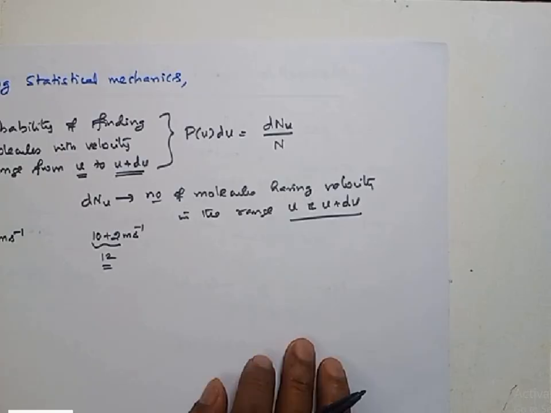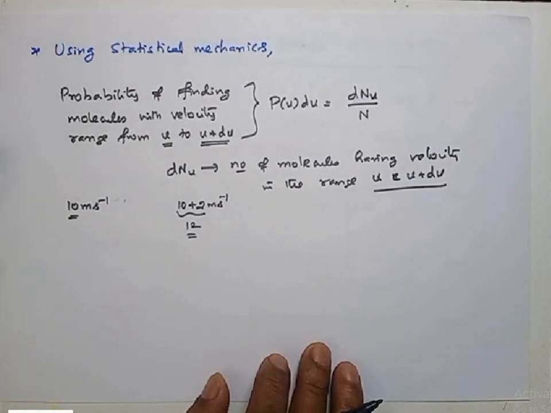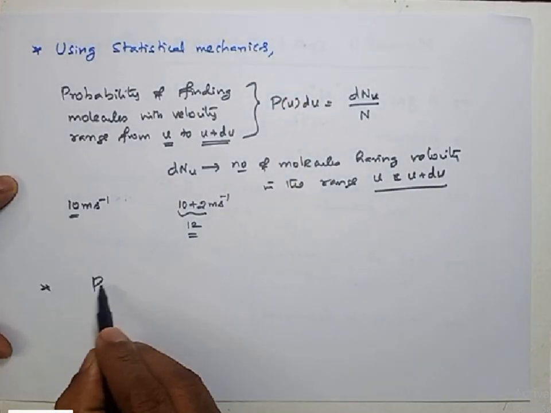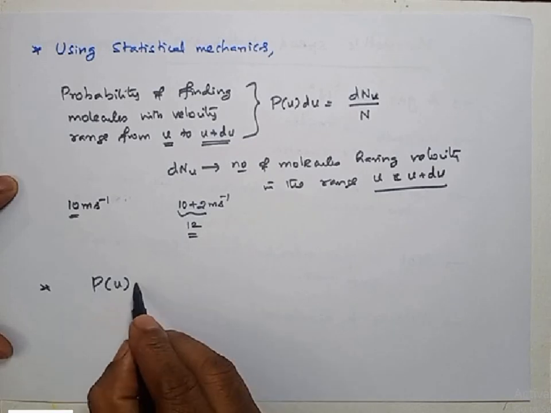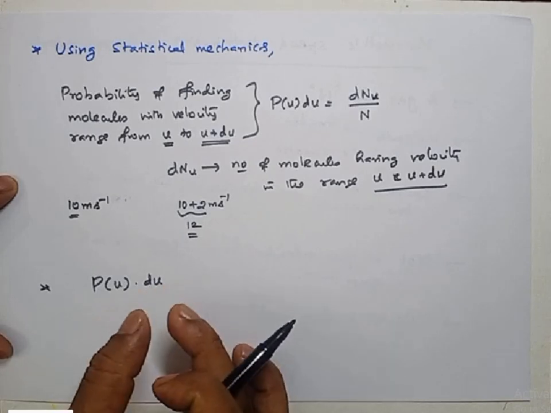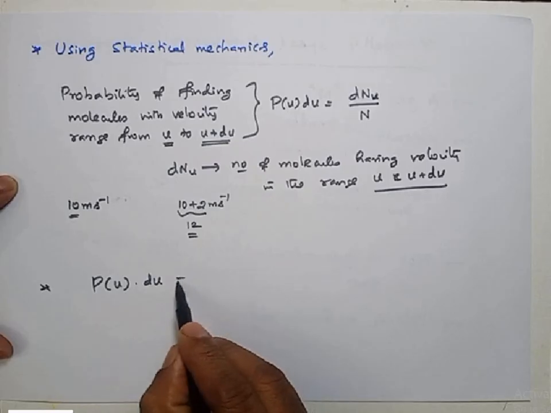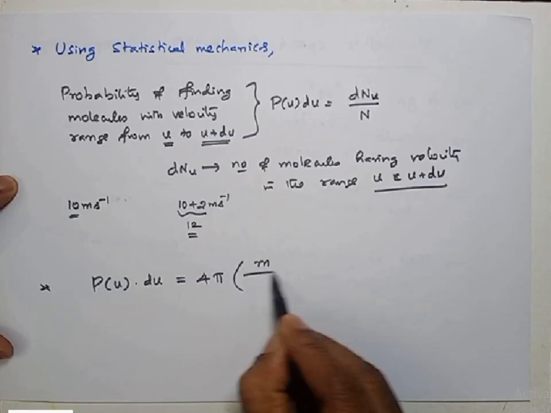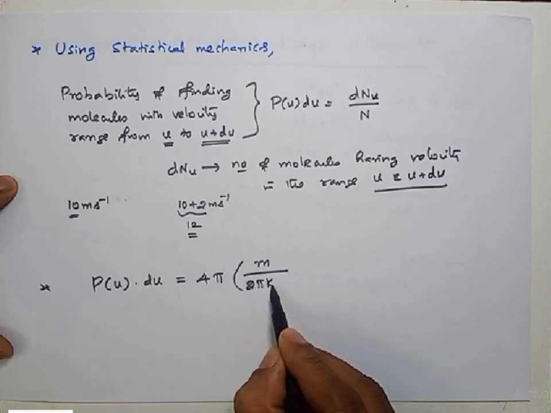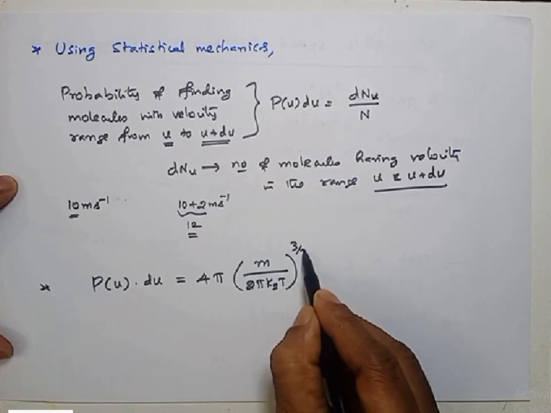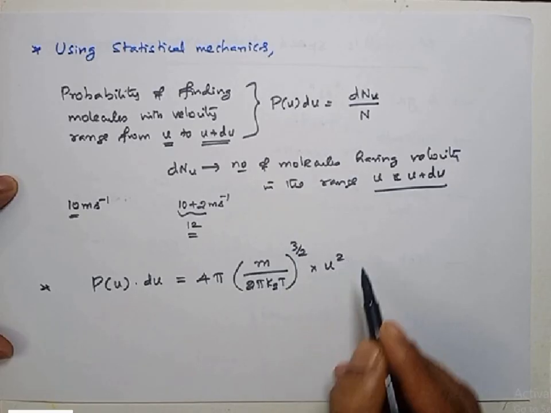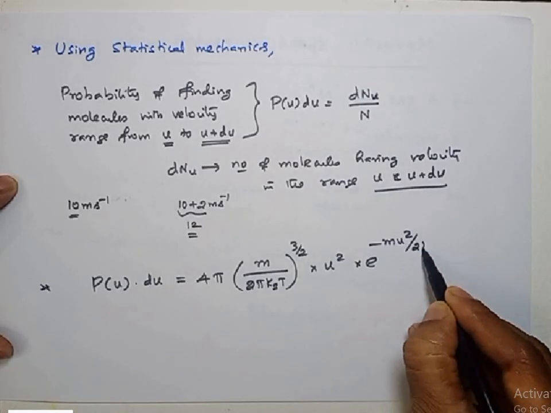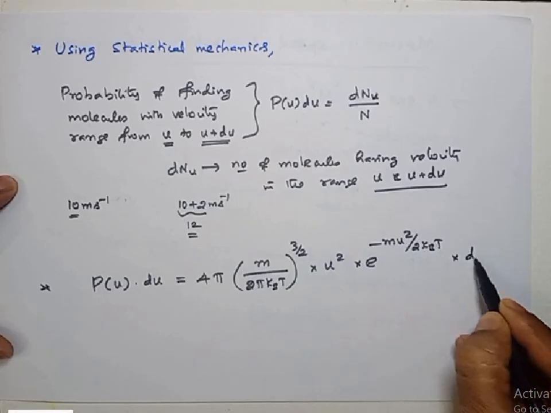Now observe carefully. Maxwell and Boltzmann derived an expression for this. Let me write the expression here. The probability of finding the molecule within the small velocity range du is given as 4 pi into (m by 2 pi k_B T) whole power 3 by 2 into u square into e power minus m u square by 2 k_B T, into du.